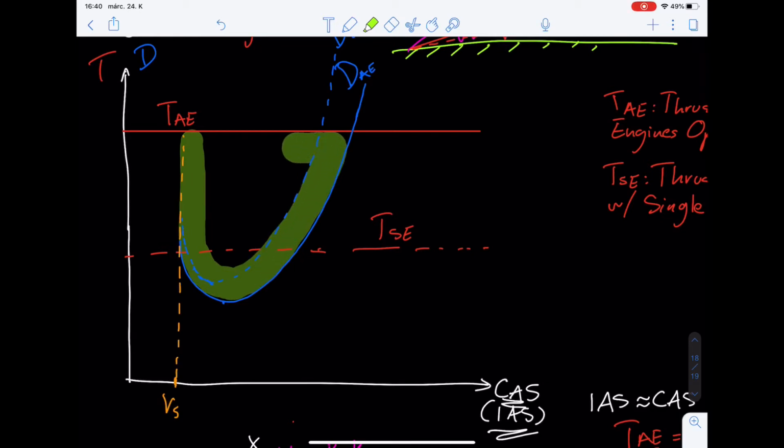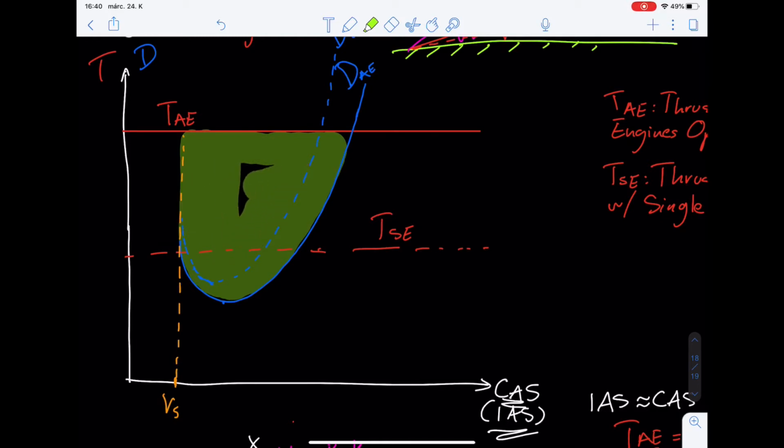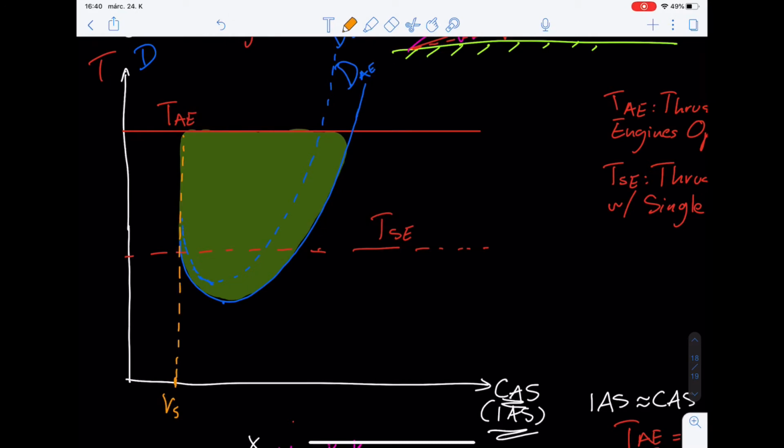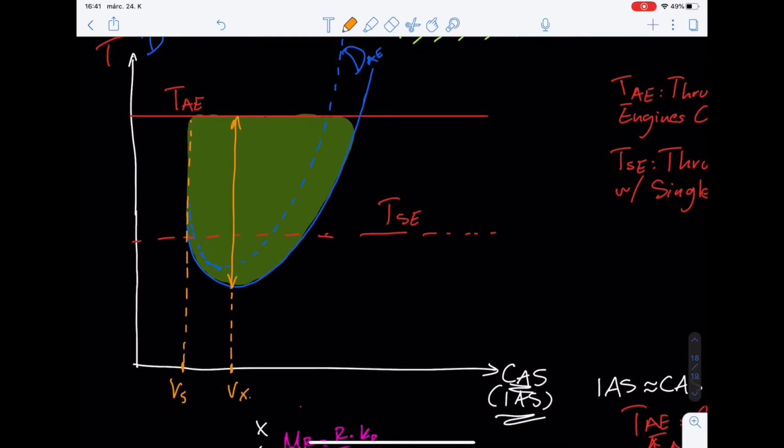So all of this area right here. Okay, and we can see that the largest excess thrust occurs at the VMD. We know that by now, right? That this would be your VX for the all engine scenario for the jet.